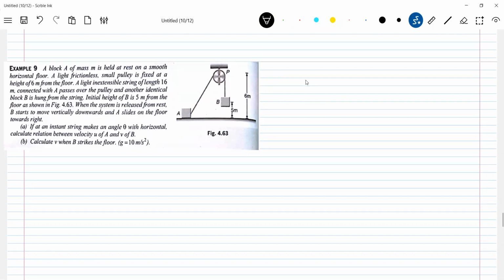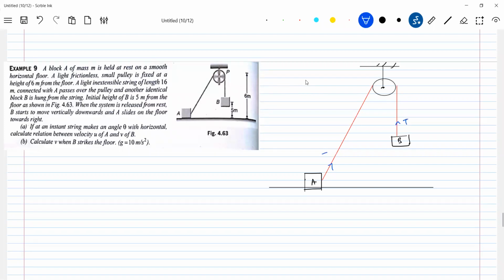So tension does negative work here and positive work there.